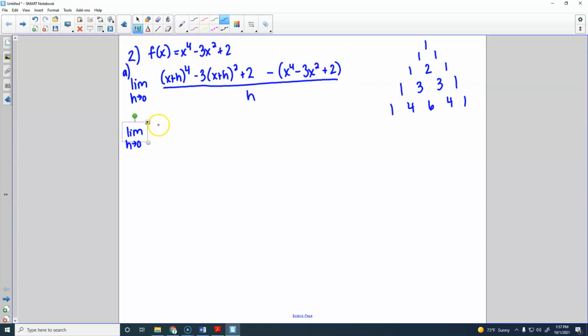One of the more challenging parts of this is fitting it all on one line of the paper. So you're going to have x to the 4th power. What comes next? Yeah, 4th power, not 5th. So we're going to use this line, 4, 6, 4, 1. x to the 3rd, h. 6.